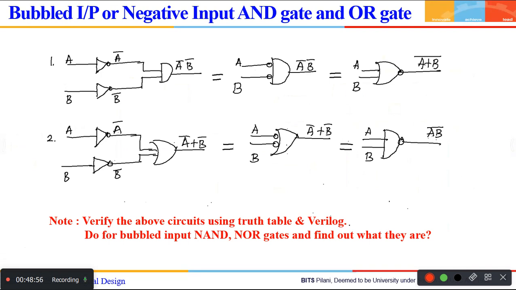If you know how to do that, then you can construct your entire logic circuit using only one type of gate, that is a universal gate, which we will see in our next class.